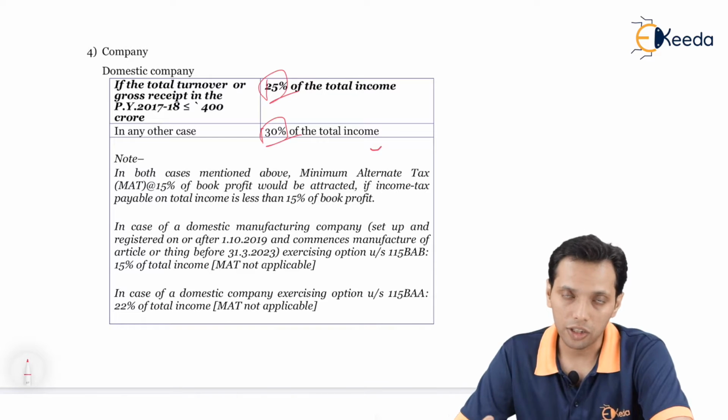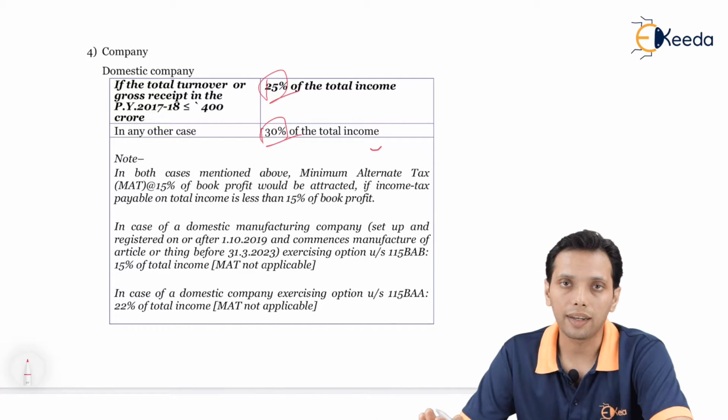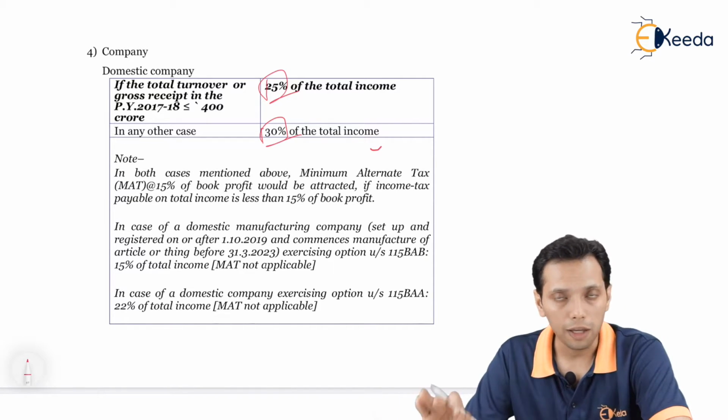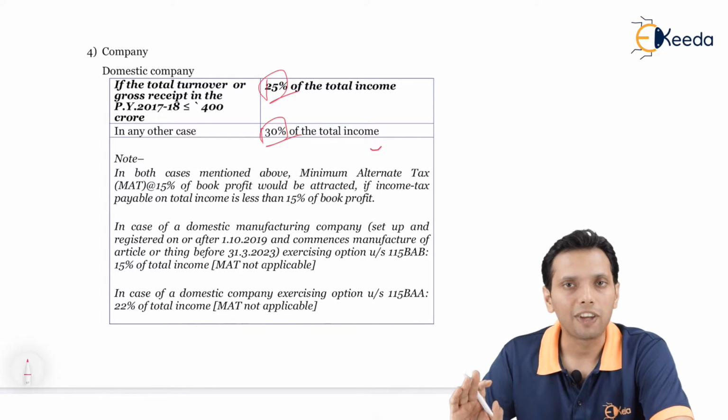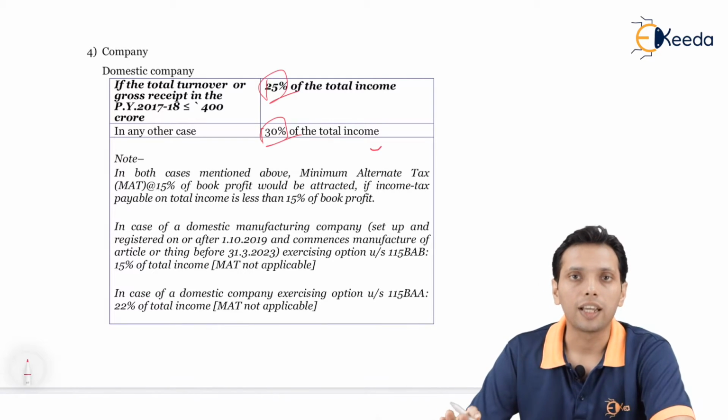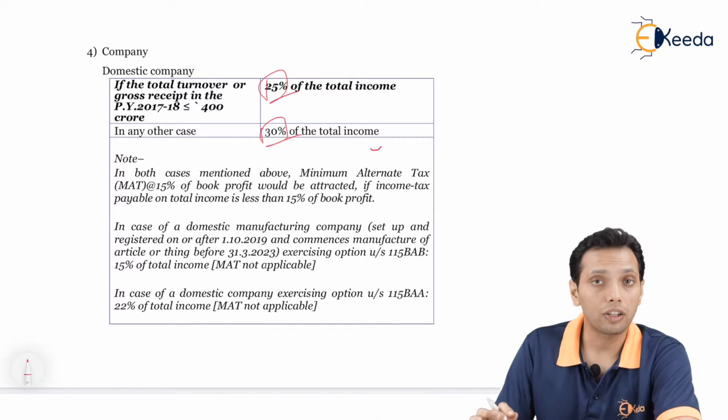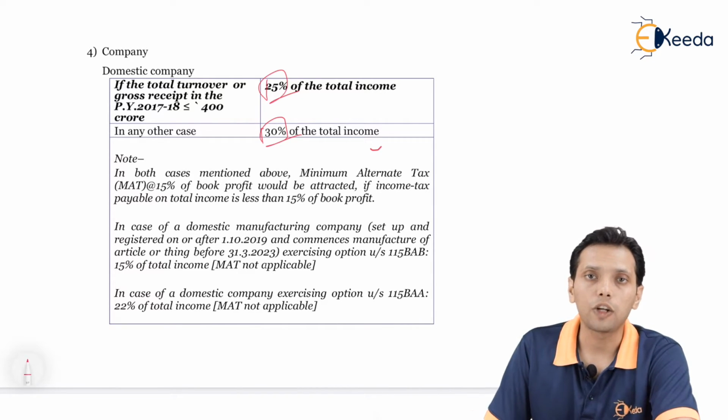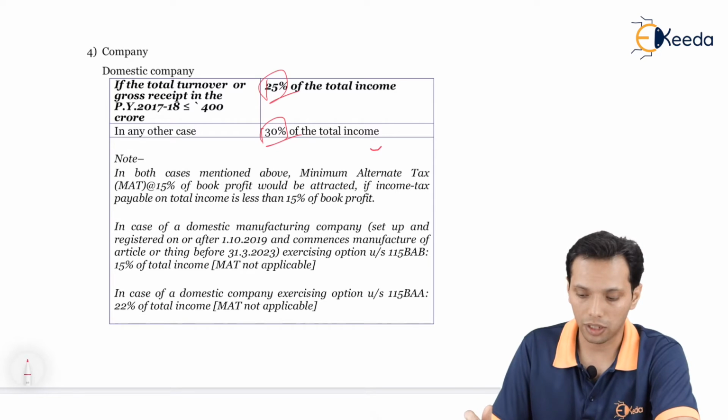So a concession: generally companies are taxed at 30%, but if the turnover in financial year 17-18 is less than 400 crore, then the rate of tax would be 25%.